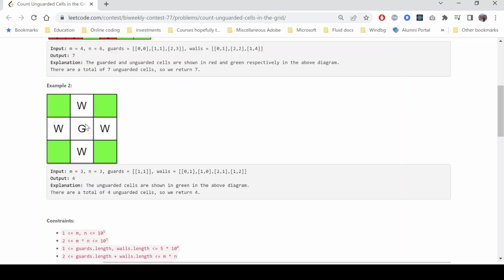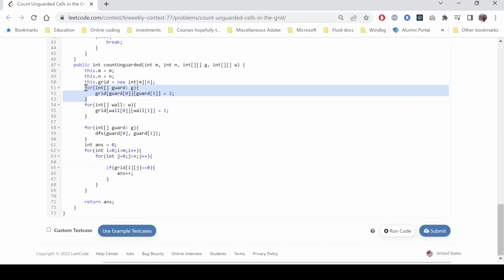Now, as I told you in the logic, if I come to the main function, I have initialized a grid of m cross n, and for every position where a guard is present, I have assigned a value to that particular index. We'll see why we have done this. And for every wall as well, we have assigned a value.